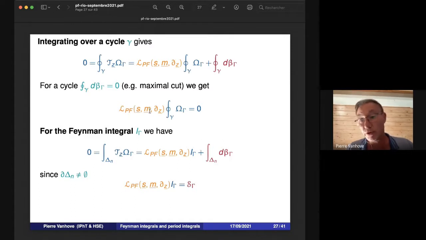And this is one way, for example, to show that the integral, when I just changed the domain of integration, I kept the same integrand, but changed the domain of integration to the torus that you can construct with GKZ, is actually killed as well, because it's a period integral. But for the Feynman integral, you do that, and then you integrate by parts, and then you eat the boundary contribution, and then you get an inhomogeneous term. So the logic is there.